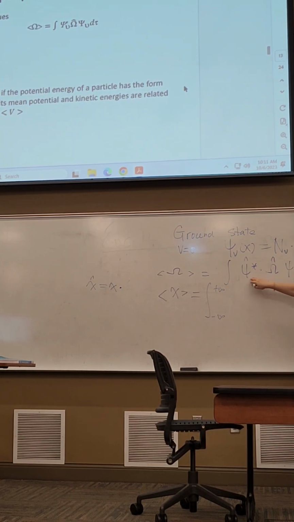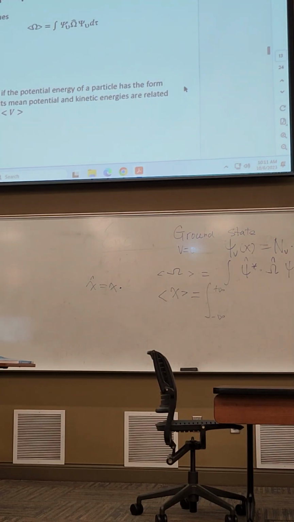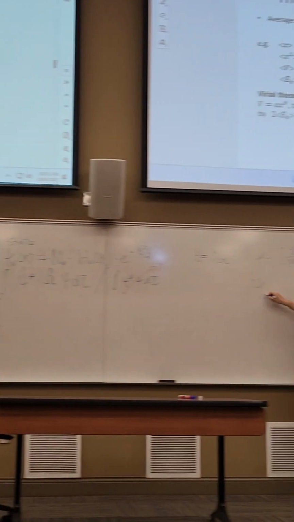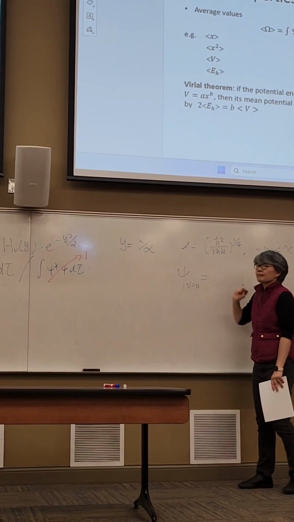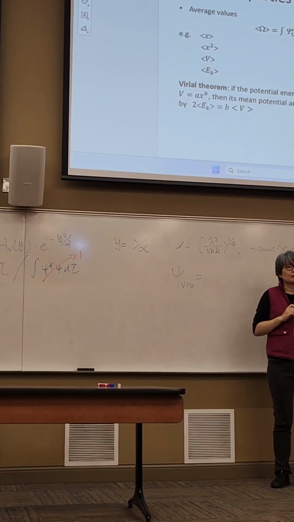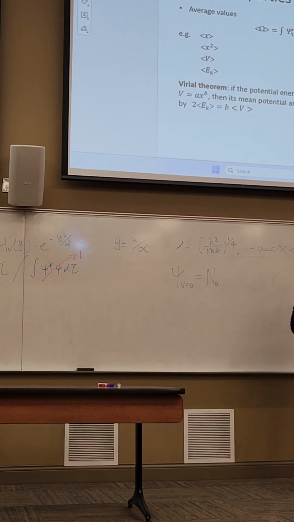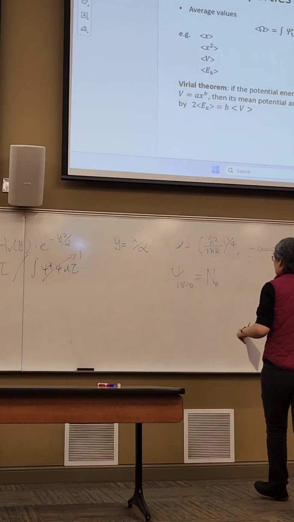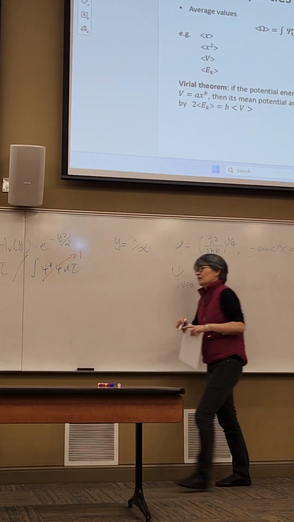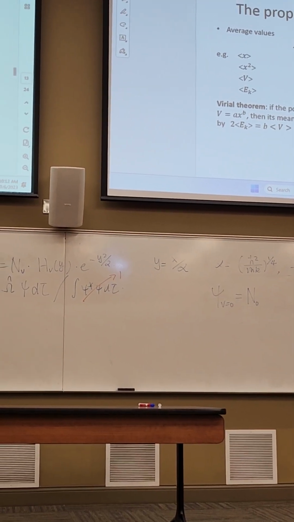Now, what will our wave function be? Let's write it out. The wave function for v equal to 0 has a corresponding normalization constant. Now we have an expression for how to derive the normalization constant. Maybe I'll flash that out.